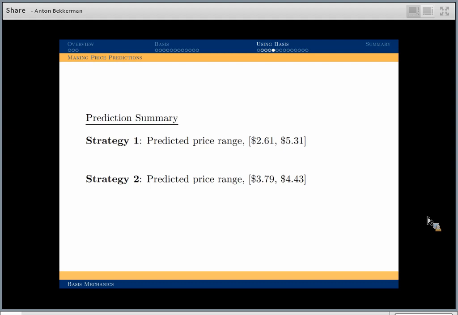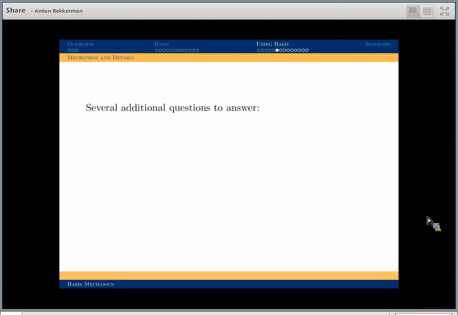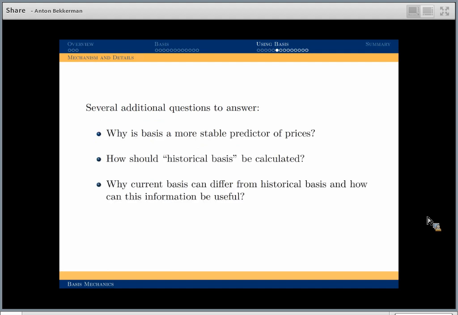So you're combining information about forward-looking price prediction in the futures market, and then you're attaching to that historical information about your local market conditions. So it's a very forward-looking structure for making predictions, which I think intuitively makes sense, that's going to be a more accurate way of making price predictions if you're looking forward instead of just looking backwards.